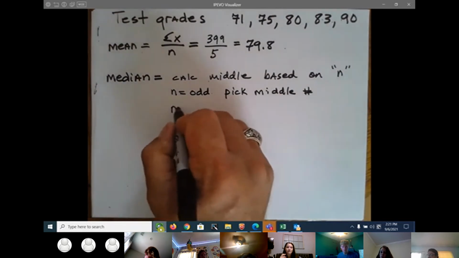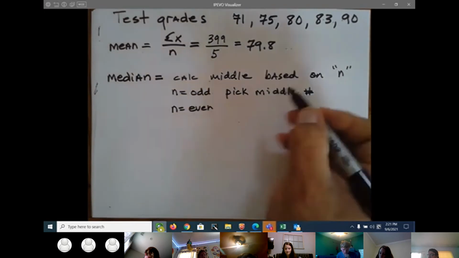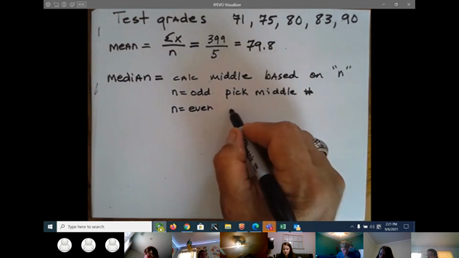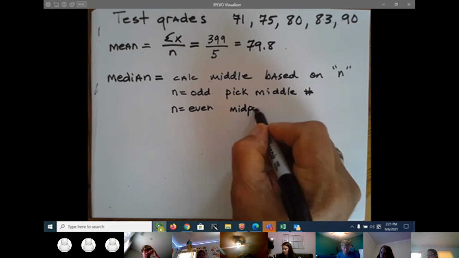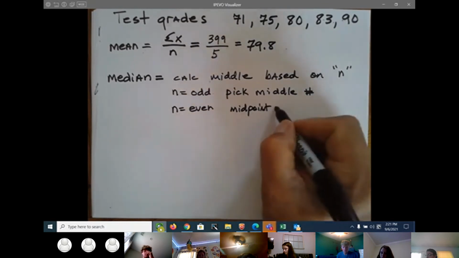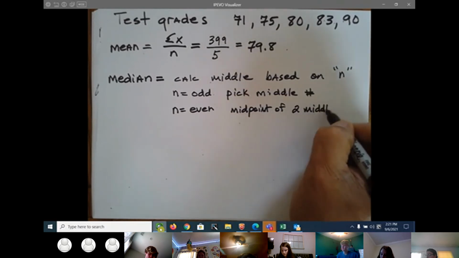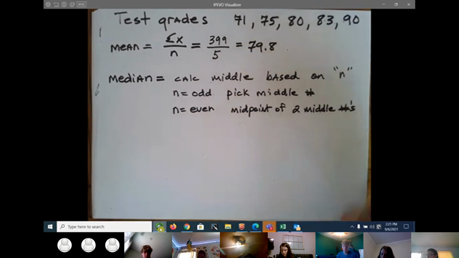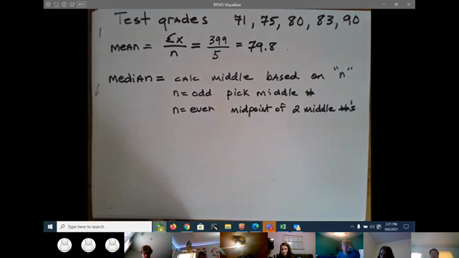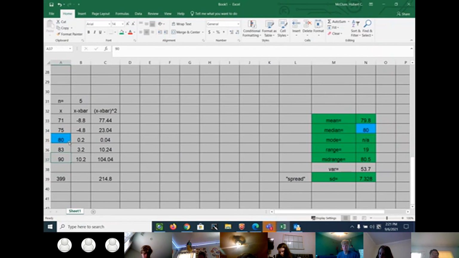If n is even, take the midpoint of the 2 middle numbers. That's how you find the median. So since the n is 5, all we need to do is just pick the middle number, and the middle number is 80. So 80 is your median.